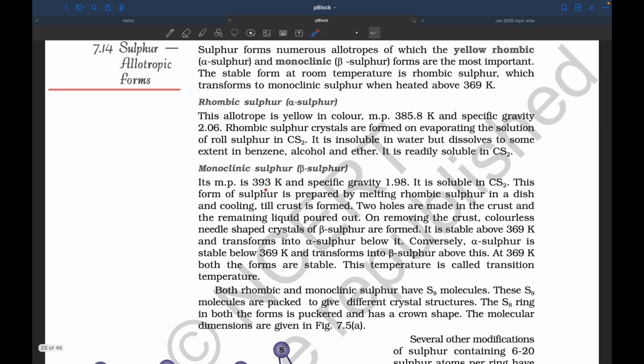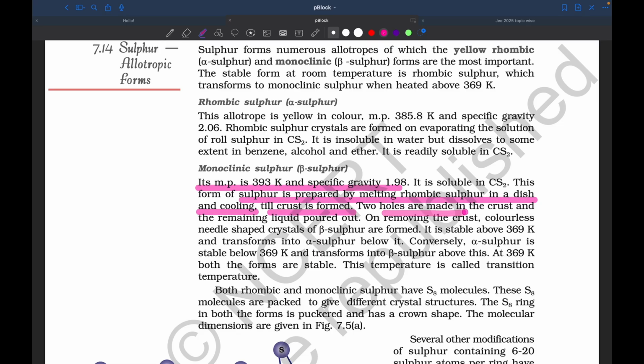Next, monoclinic sulfur, beta sulfur. Its melting point is 393 K, specific gravity is 1.98. It is soluble in carbon disulfide. Both are soluble in carbon disulfide. This form of sulfur is prepared by melting rhombic sulfur in a dish and cooling till a crust is formed.